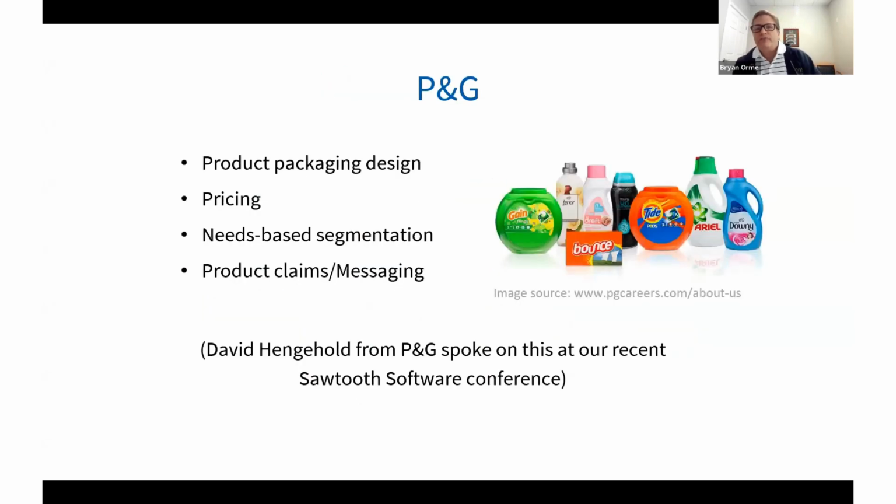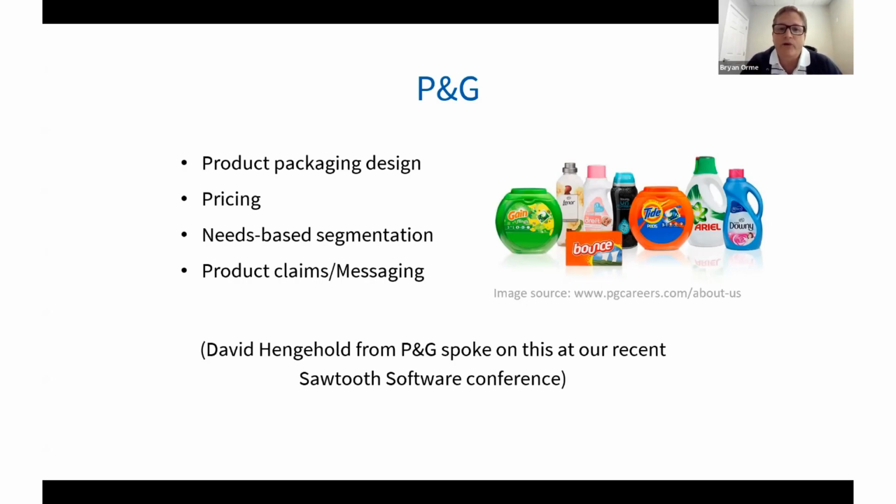Procter & Gamble has been a long-time Sawtooth Software customer for over 20 years now, and they've come out to the Sawtooth Software Conference on multiple occasions to talk about how they use conjoint analysis to optimize different products in the variety of product lines that they have. Specifically, they do use it in their detergents, in some of their fabric softener areas.